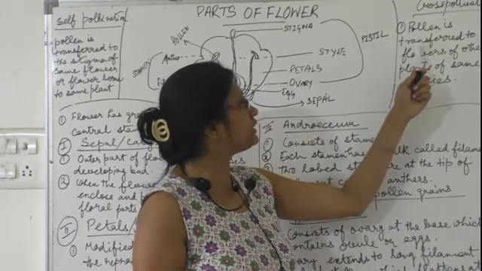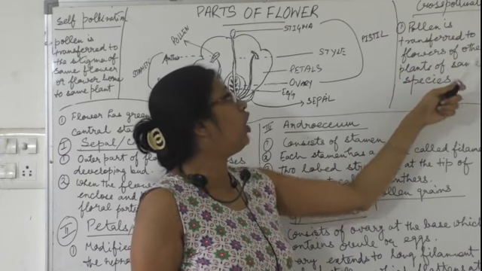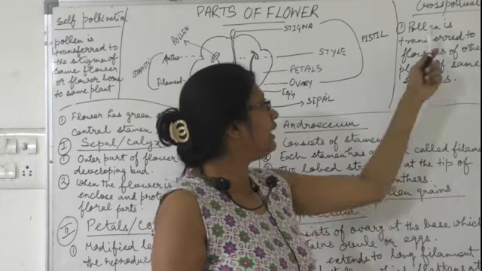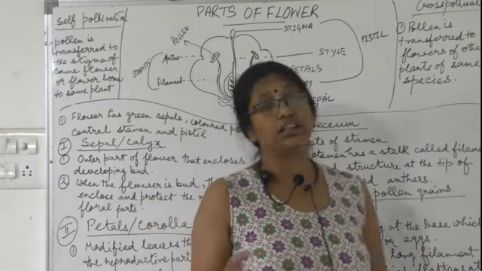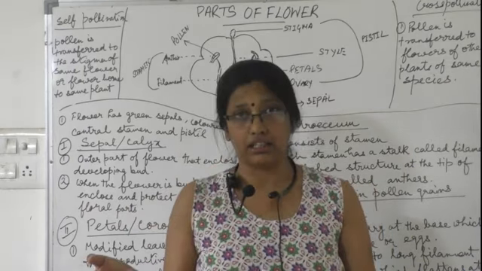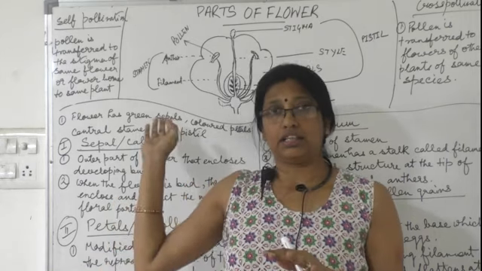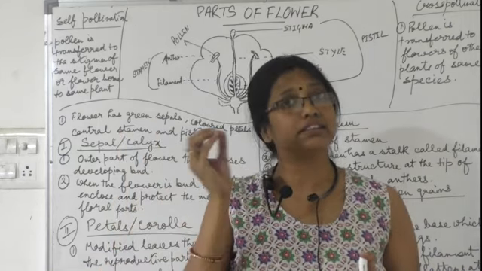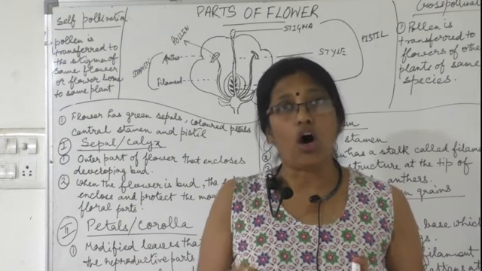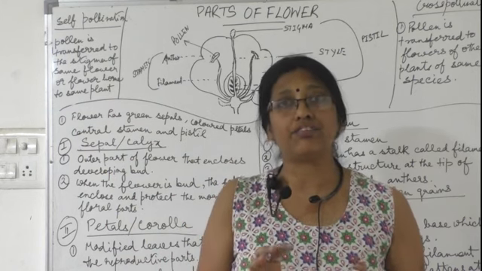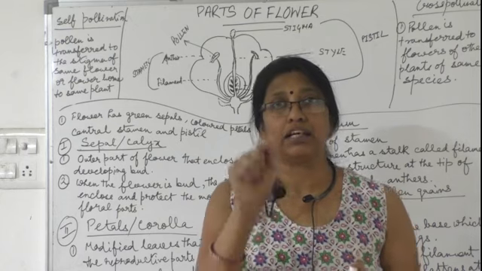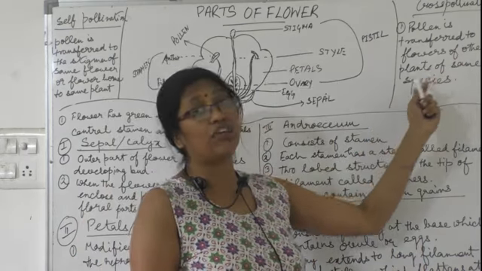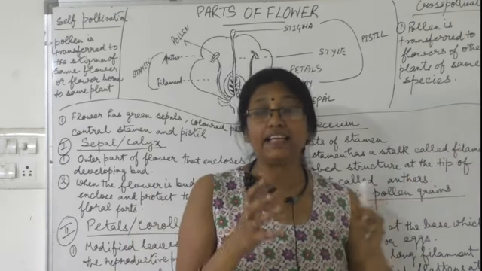Cross-pollination means pollen is transferred to the flowers of another plant of the same species. In self-pollination, the pollen is transferred to the same flower or to another flower of the same plant. But in cross-pollination, it is transferred to the flowers of other plants. Then it is called cross-pollination.